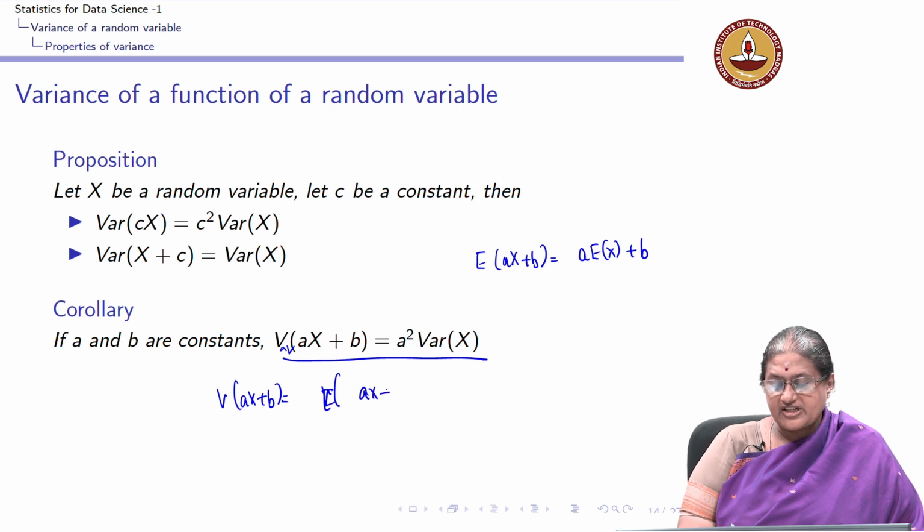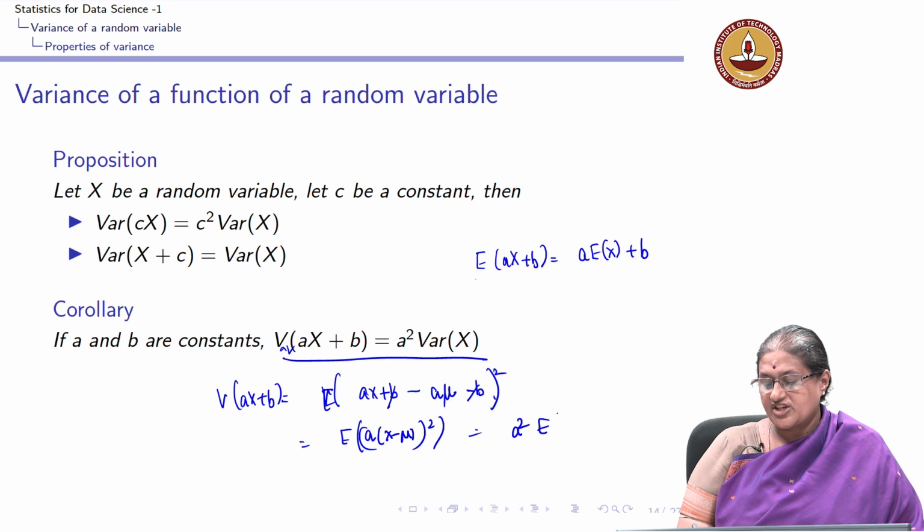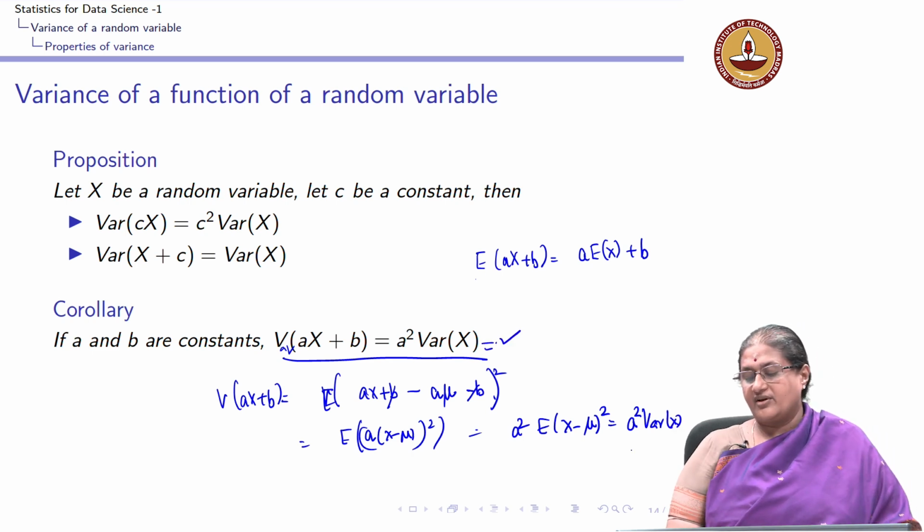the expectation of (aX plus b minus a mu minus b) whole square. The b and minus b cancel out, so I get the expectation of a times (X minus mu) whole square, which is a square times the expectation of (X minus mu) whole square, which is a square times the variance of X, and that's what I have here.